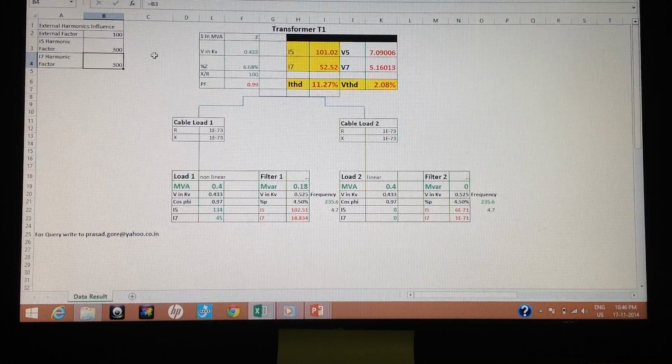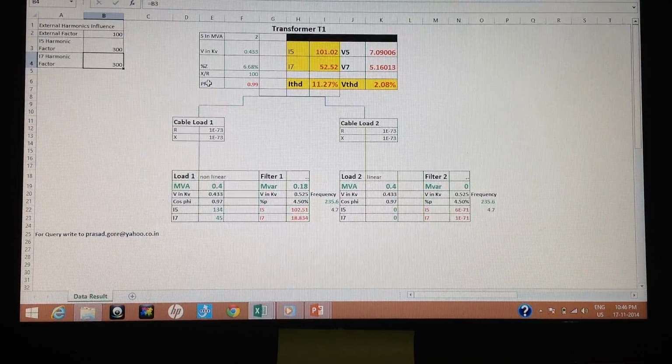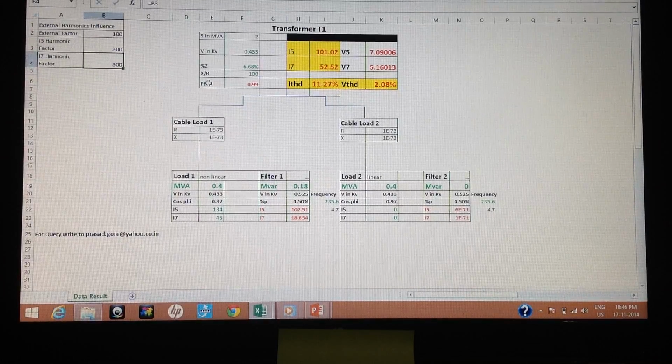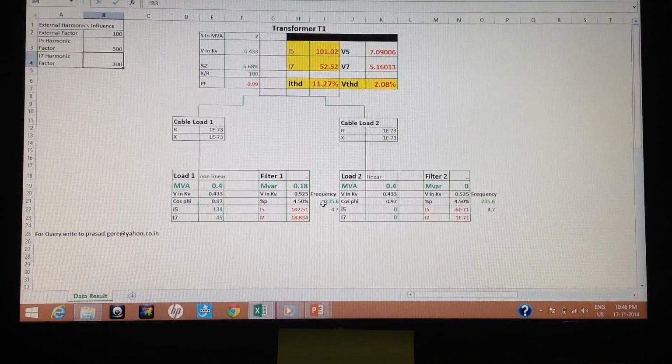Now I will take another case wherein I was having 134, but even after putting a 235 Hz frequency filter, the reduction is not happening. I am transforming it, I am getting 101 as I-Fi.